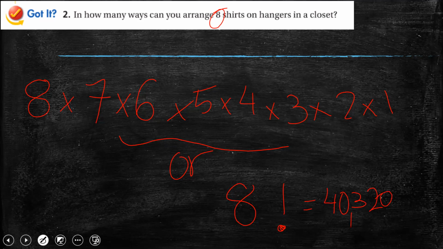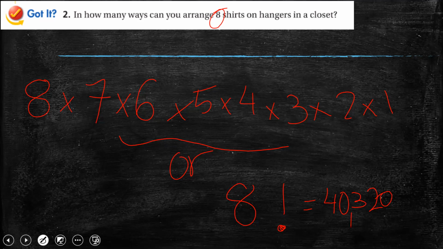Teacher, yes, Rose. What do you mean by this? We have 40,320 ways to arrange it. Like we can make it 765 or 432. What do you mean by it? Here you have red, blue, pink, yellow, green, and so on, 8 different colors of shirts.